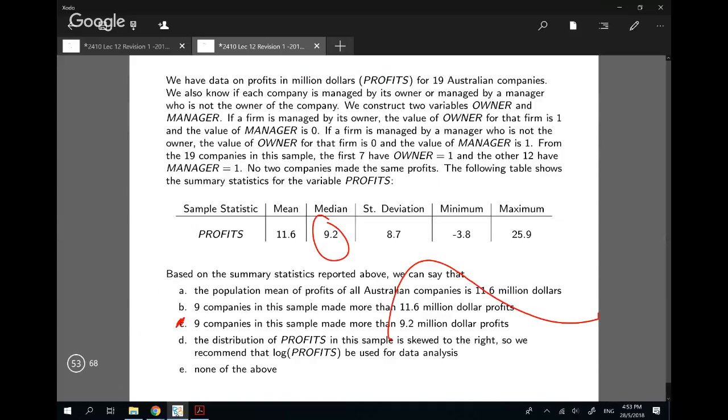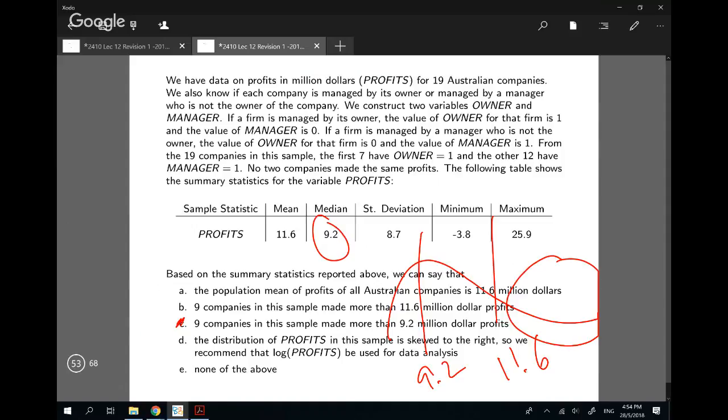The median is here, 9.2, and the mean is here, 11.6. So less than half would make more than 11.6. Is 9 correct? 9 is less than half, so it's possible.